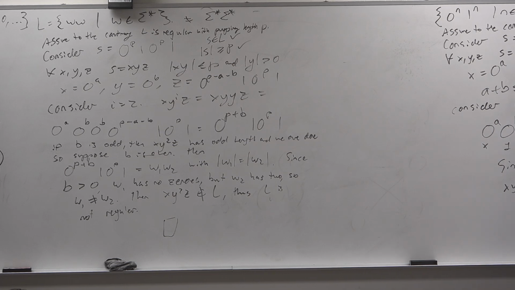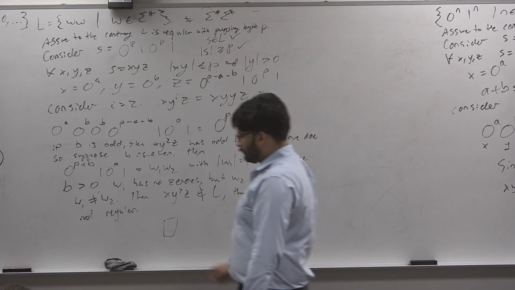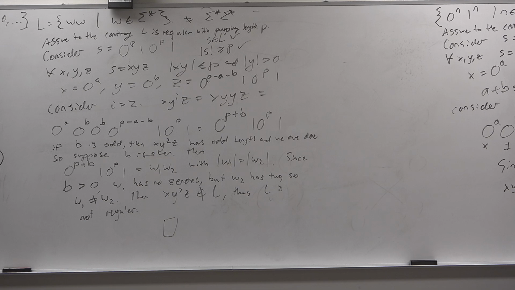More questions on this proof? Does this cover all the cases? Ah, yes. Technically, S equals 0^p, 1, 0^p, and there is a number of cases, but those cases are all the same because x and y are all zeros. We chose a good S, such that this has length p.